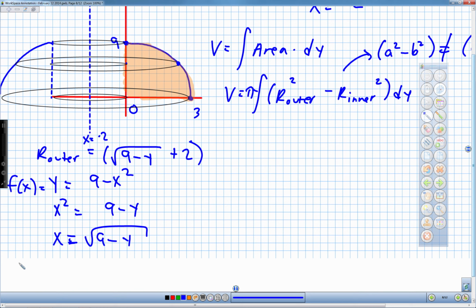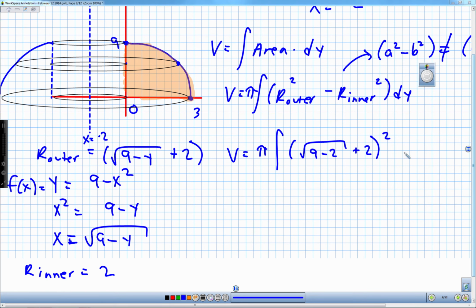And then r inner is going to simply be 2. So my volume in this case is going to be pi times r outer squared, which is going to be the square root of 9 minus 2 plus 2 squared, minus the inner one squared, which is 4, dy.